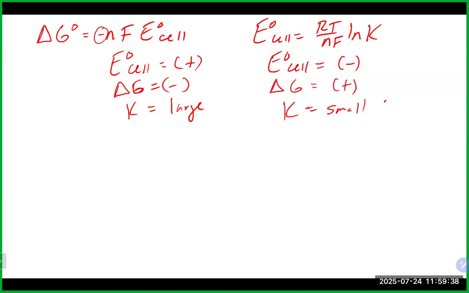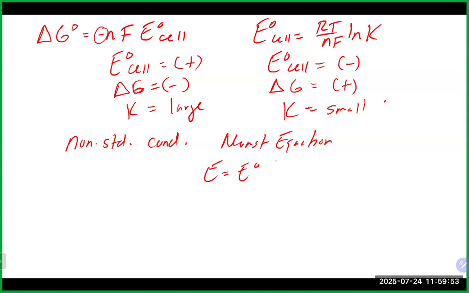Now, we also talked about at the end there non-standard conditions. And that is the Nernst equation. That is E is equal to E naught minus RT/nF natural log of Q. So remember that this is the equation that we use in some type of non-standard conditions.